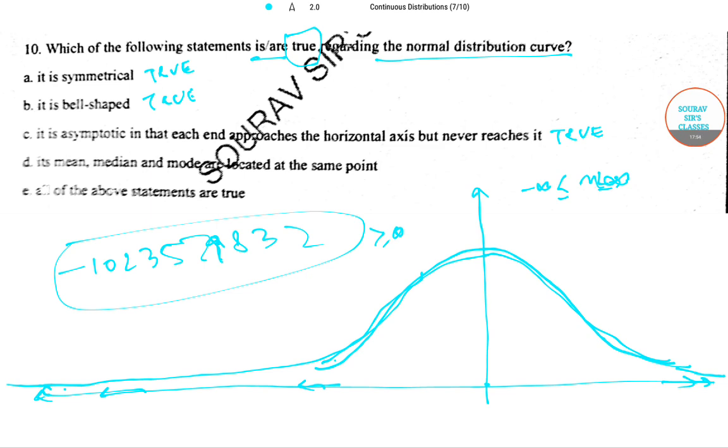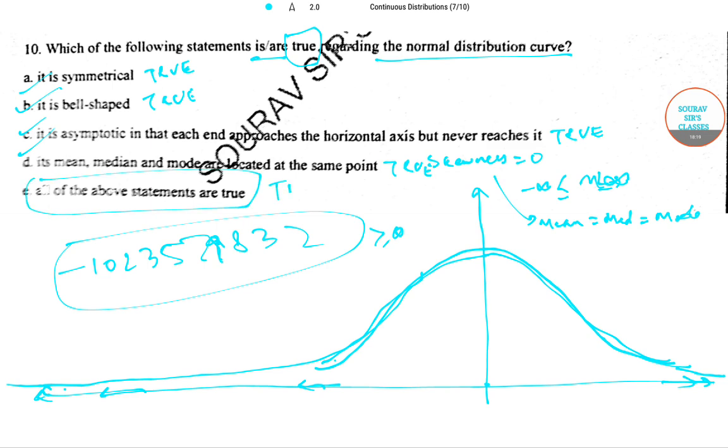Since it is symmetrical, its skewness is actually 0. Thus mean is equal to median is equal to mode. Since all these options are true, thus all the above statements are true, option E is the correct answer.